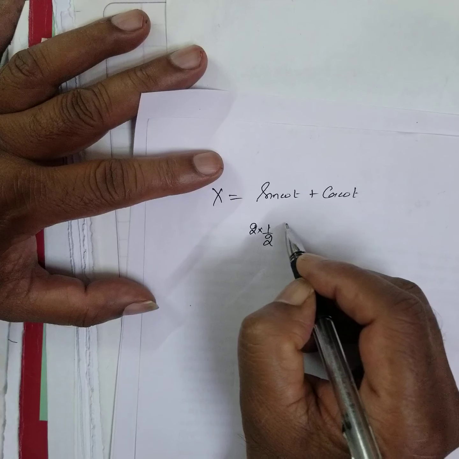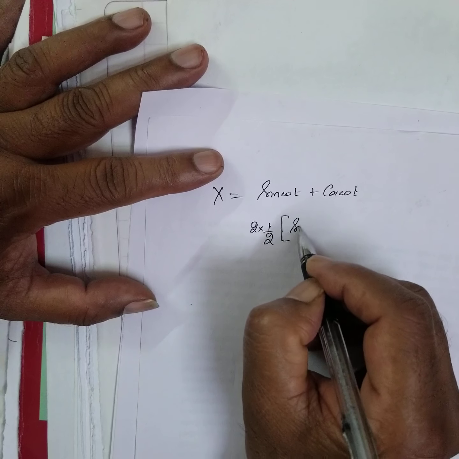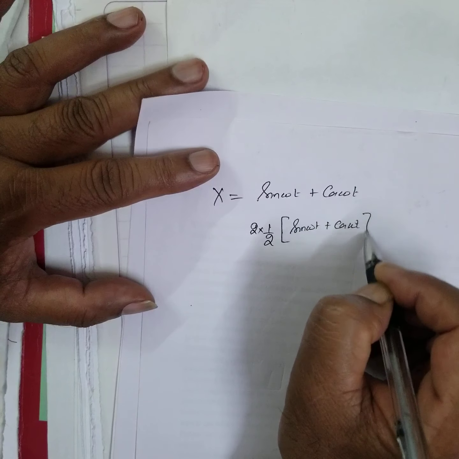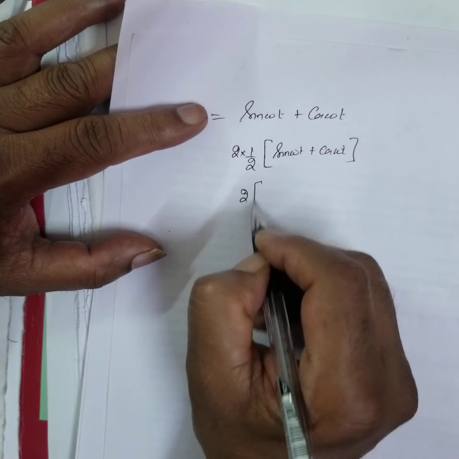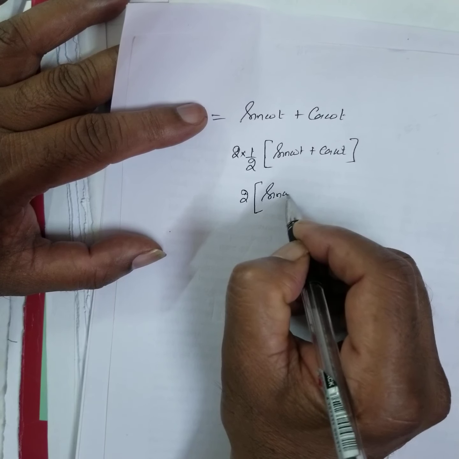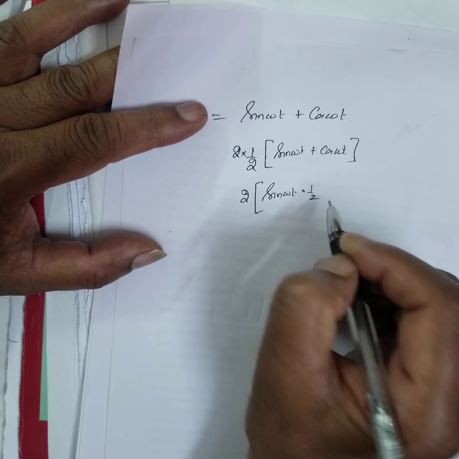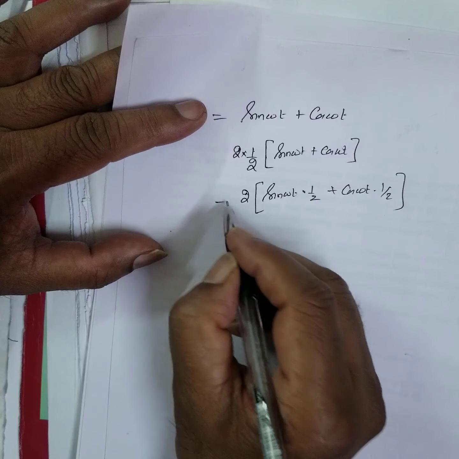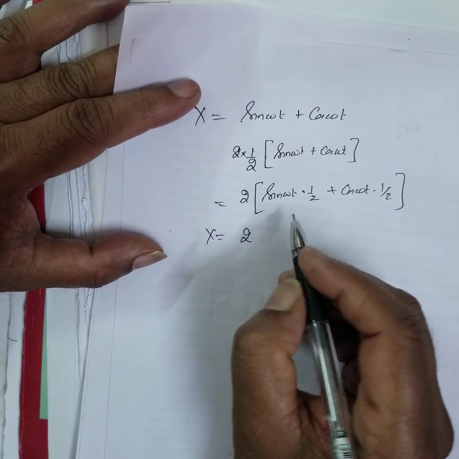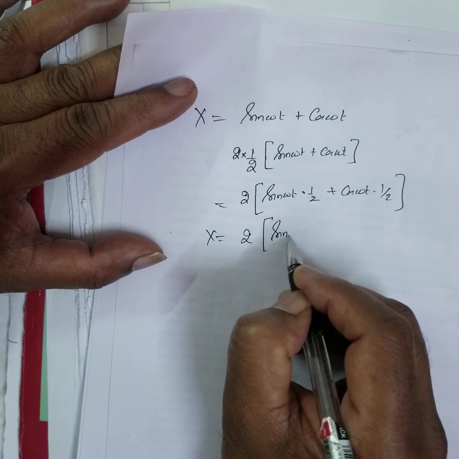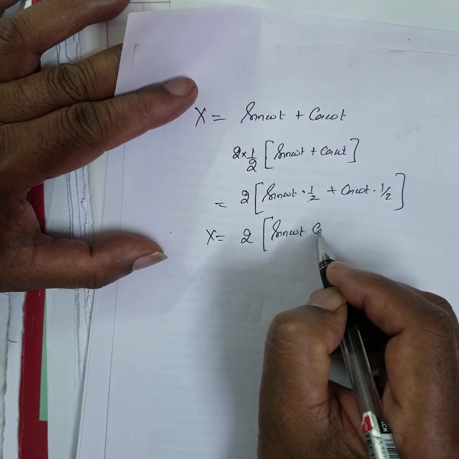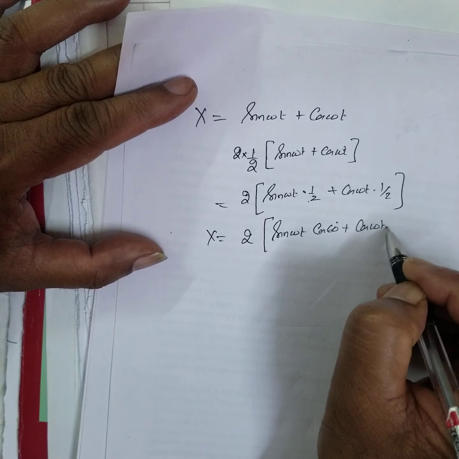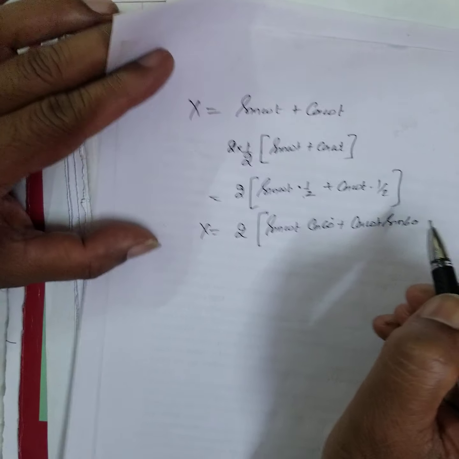Sin omega t plus cos omega t, now I write 2, this is my choice. Sin omega t into half plus cos omega t into half. That is equal to x is equal to 2 sin omega t into cos 60 degree plus cos omega t, sin what is that?